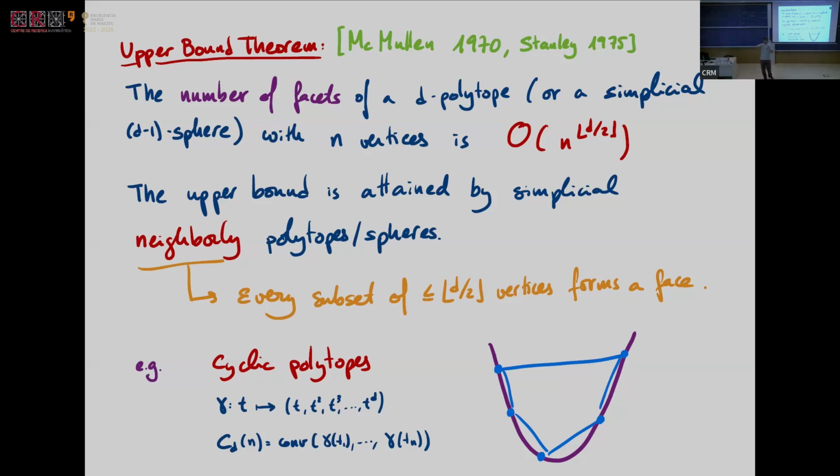A simplicial complex homeomorphic to a sphere, a (d-1)-sphere, that has n vertices also has this maximum number of faces. So if you have a simplicial complex homeomorphic to a sphere with n vertices, you will not have more than n to the d halves many simplices.